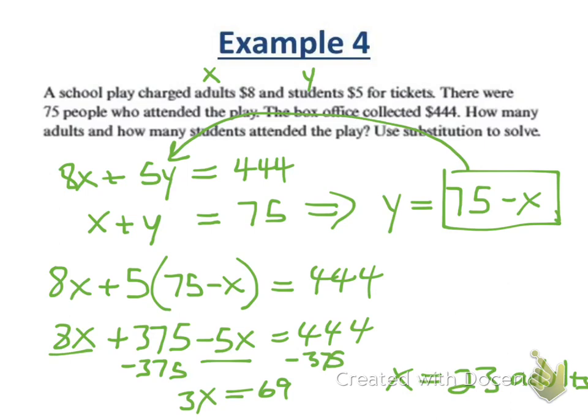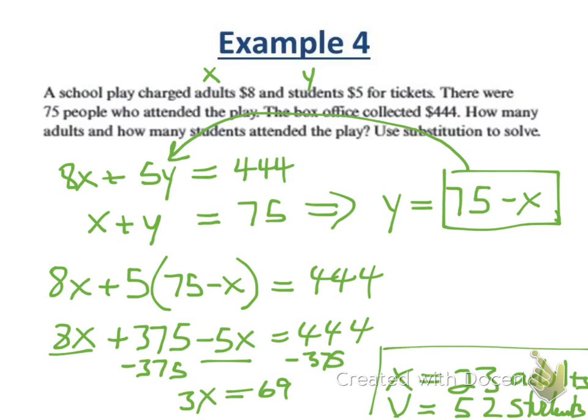No, it's definitely positive. 8X minus 5X is positive 3X, and 444 minus 375 is positive 69. So 23 adults and 52 students. So it's 23? That's right.